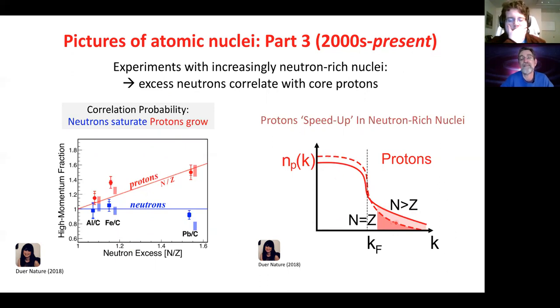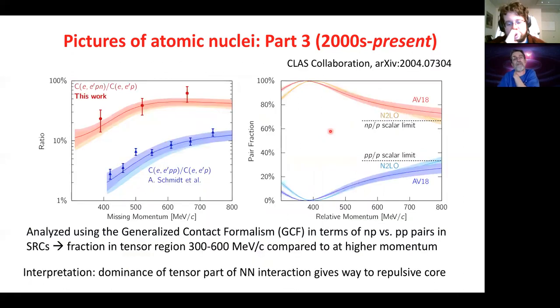But in fact, of these high momentum ones, they found that the higher percentage of protons were faster. So this was described in Nature as the journal, protons speeding up. Okay, what else did they find?